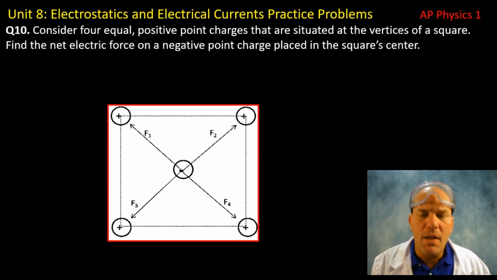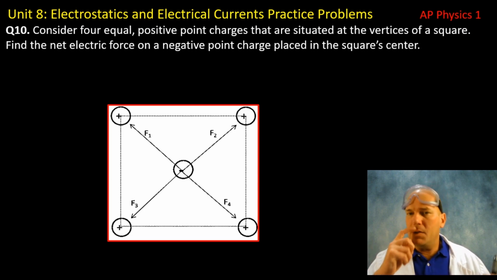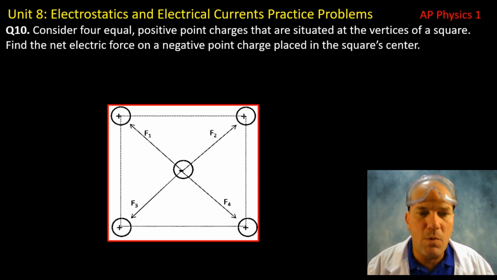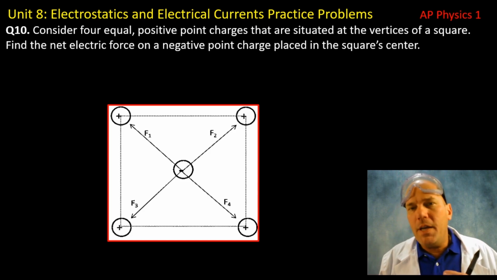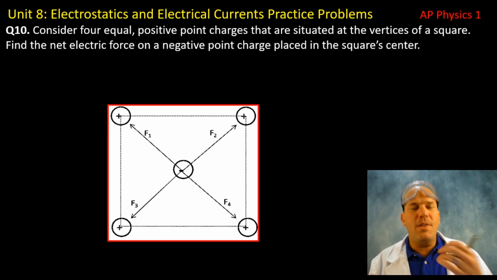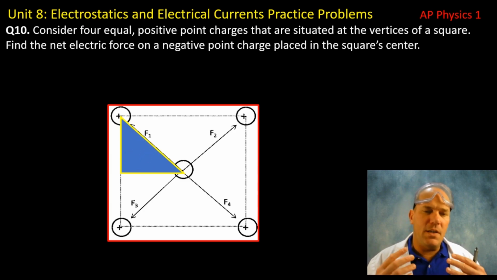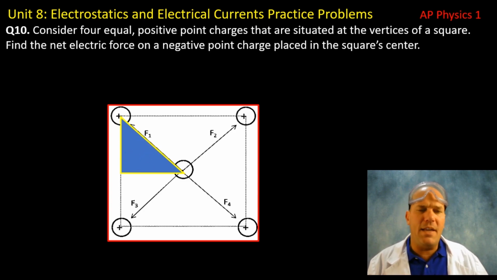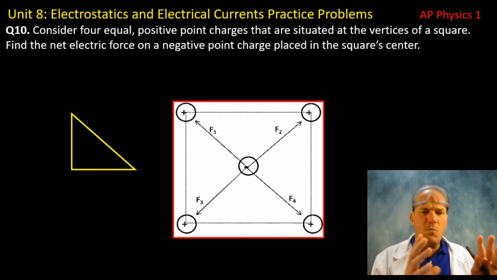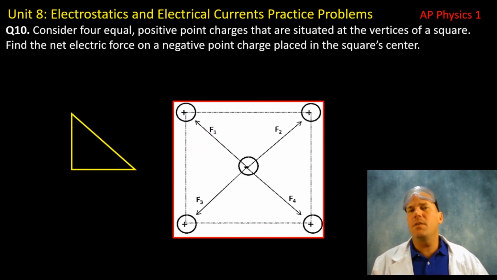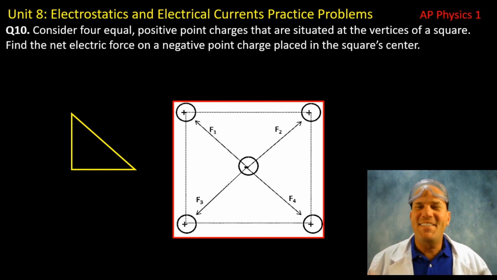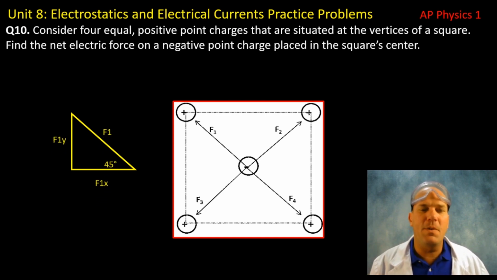So we have the negative particle in the center, and then we have these 4 positive charges that are situated at the vertices of the square. So let's go ahead and use an orthogonal approach for this problem, and let's use some trigonometry to analyze one charge interaction, and from that we can sum the forces and answer this problem.